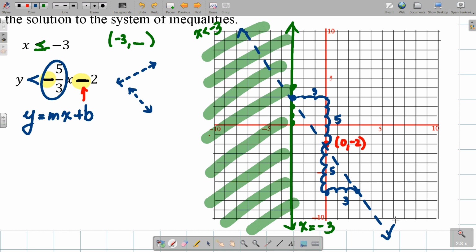I like to use points that have 0 in them just to make it easy to work with. So I'm going to choose 1 point to the right of the line, which is (0, 0), and 1 point to the left of the line, which is (-10, 0).